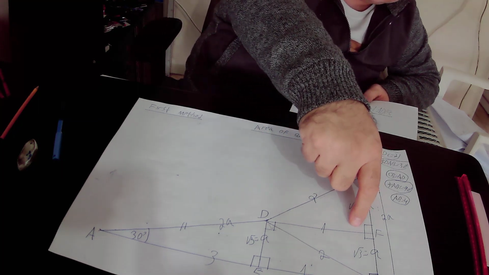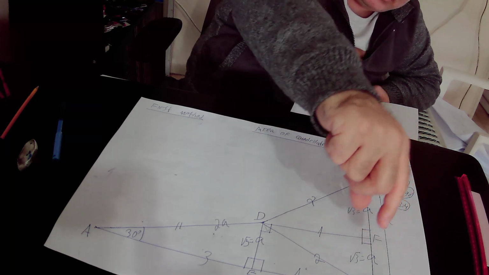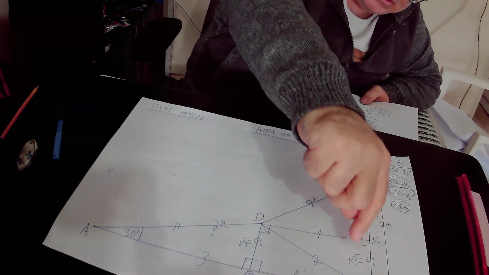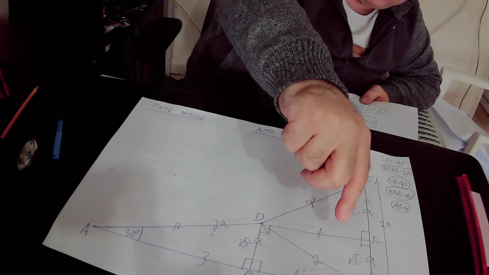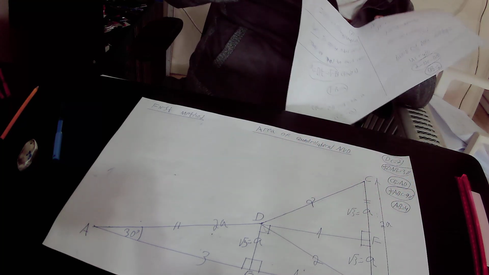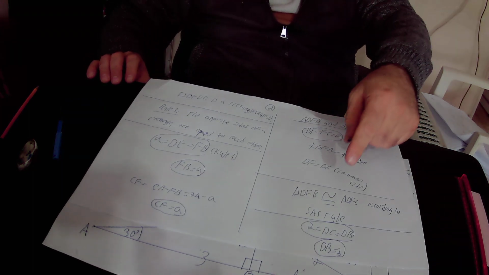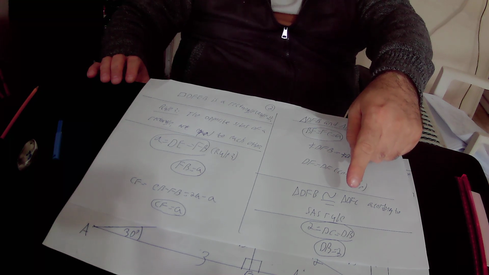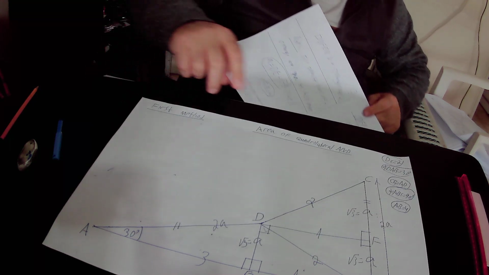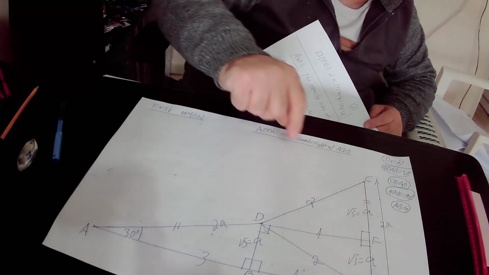We have those two sides and the angle between them in triangle DFC can go into those two sides and the angle between them in triangle DFB. Therefore, those two triangles can go into each other according to the side angle side rule. And from this, we conclude that DC equals DB.